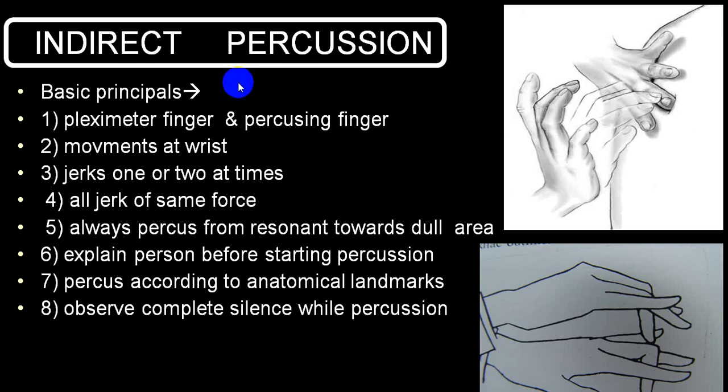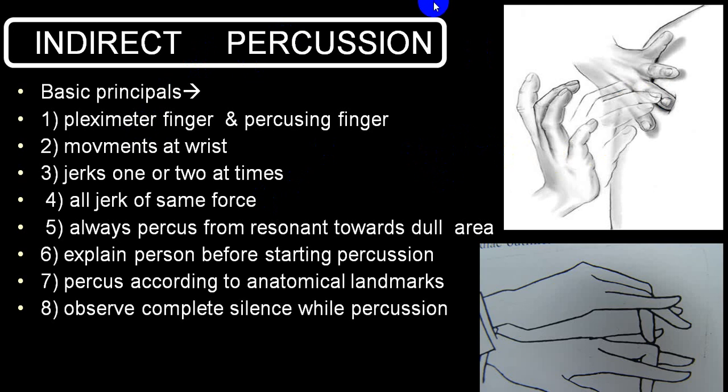As a basic principle, always stand on the right side of the patient. The best way of percussion is in a supine posture. Ask the person to relax. Explain to the person the entire procedure, what you are going to do. You are going to percuss and you are looking for the heart. Whenever you do percussion, the pleximeter finger will be in close contact with the chest wall.